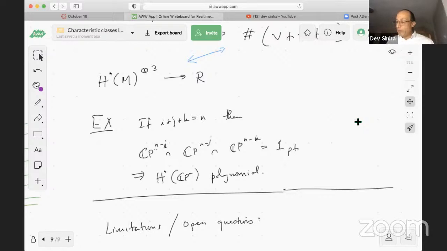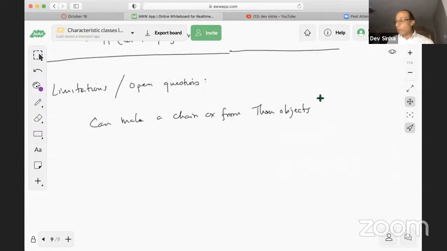So again, we can make a chain complex from Thom objects, or maybe I should call them Quillen objects. These maps, by the Stokes theorem, this defines a cochain map.